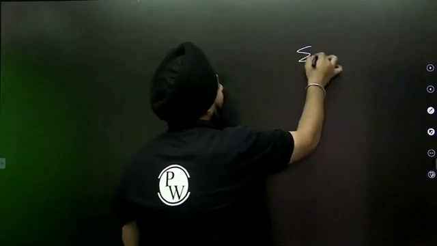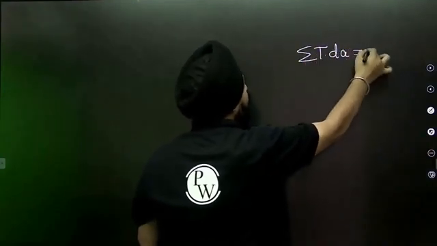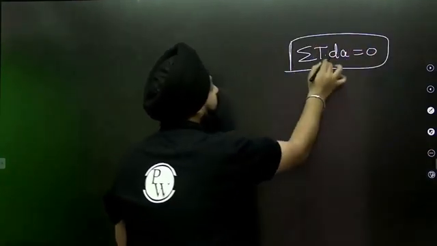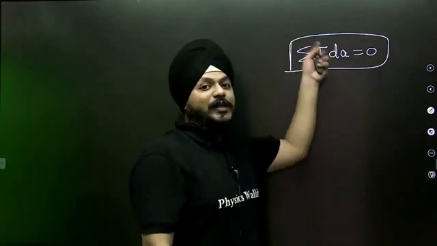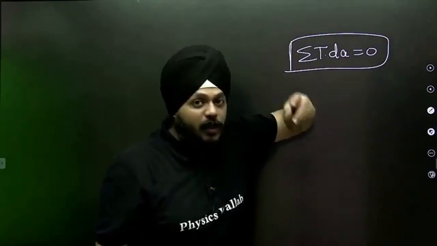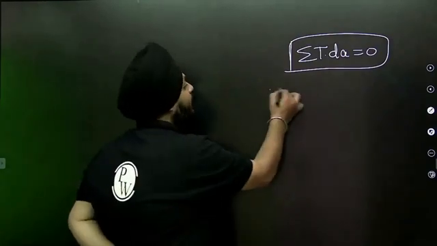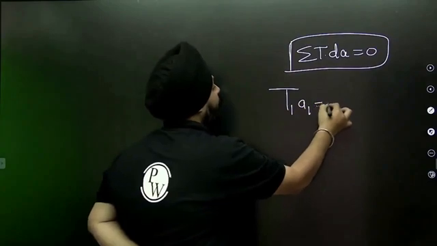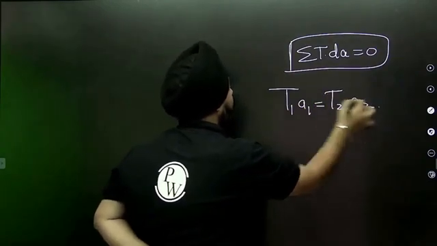First, we can directly use the work done by tension, sigma T dot dA, the product of tension and displacement. If you really want to simplify this, it is simple: tension times acceleration of 1, tension times acceleration of 2.